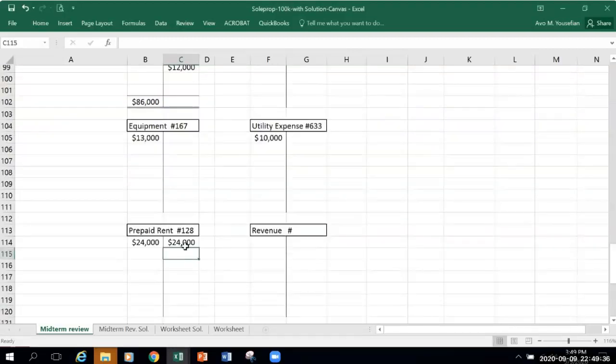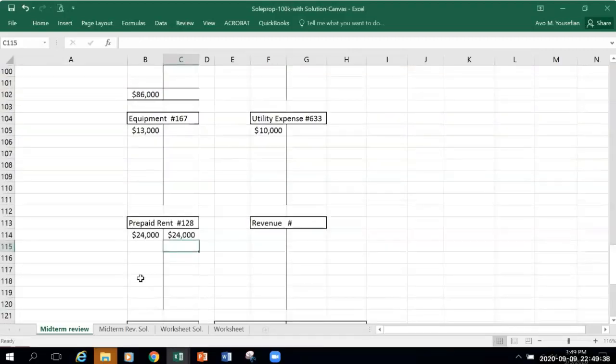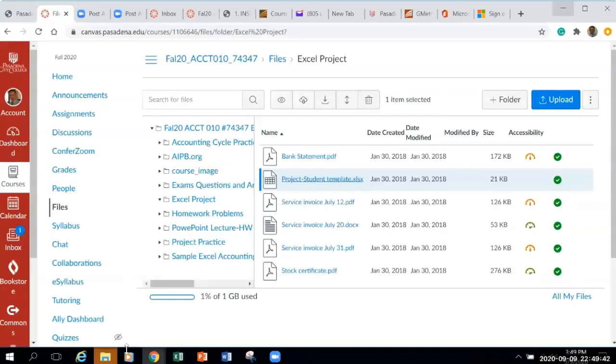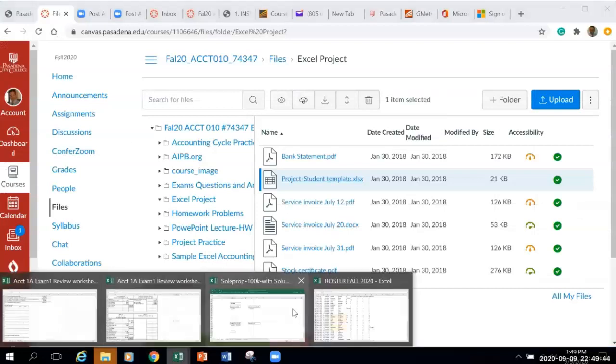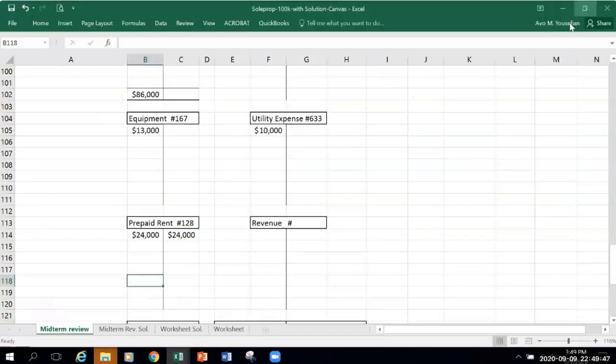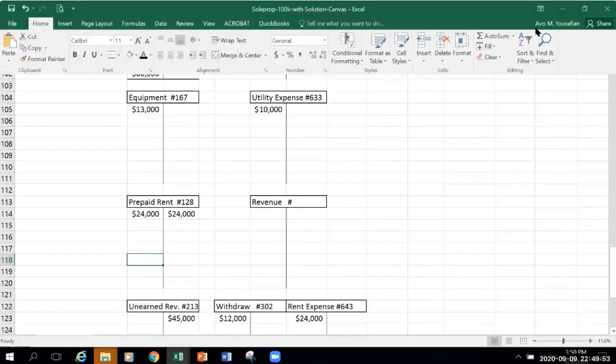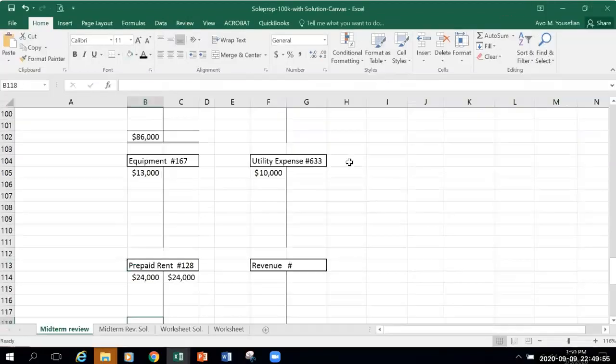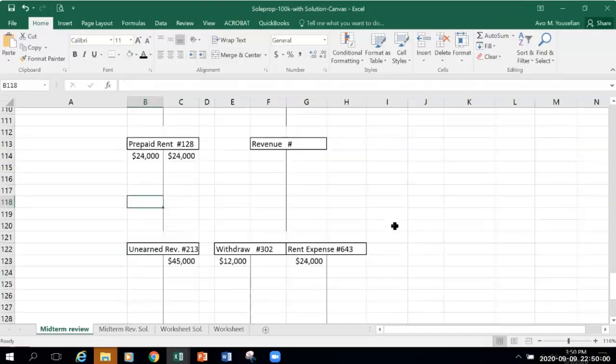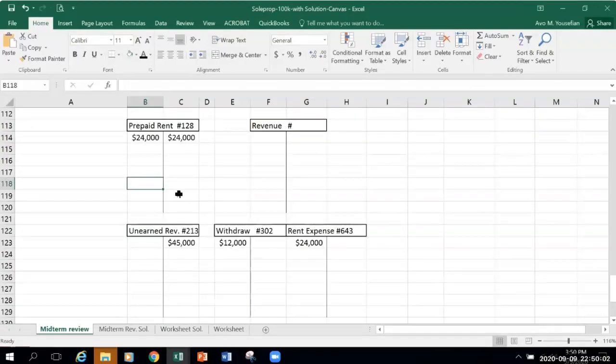So now prepaid rent has a balance of equals to debit side.